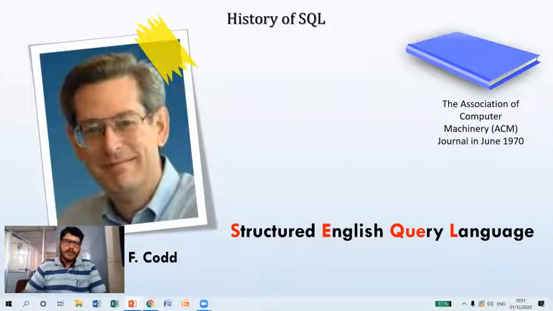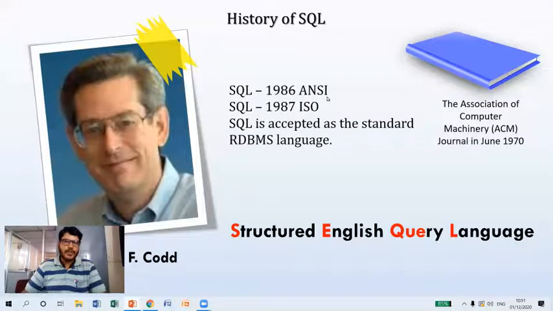And I have also explained about the standardization. In 1986, ANSI issued a certificate because of its standards, and the next year, in 1987, it also got certification from ISO. Nowadays, this programming language is accepted as a standard RDBMS language.